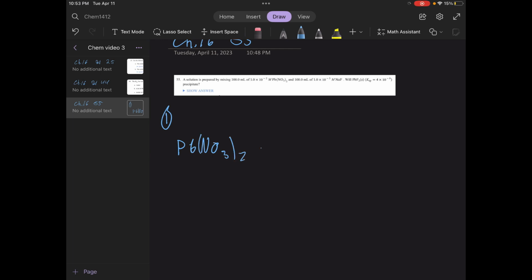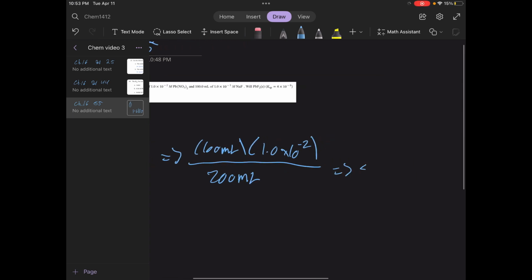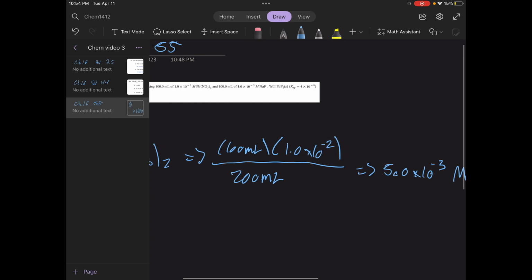So here we're just going to do 100 milliliters times 1.0 times 10 to the negative 2 over 200 milliliters, the total volume. So here it should get you 5.0 times 10 to the negative 3 molarity.